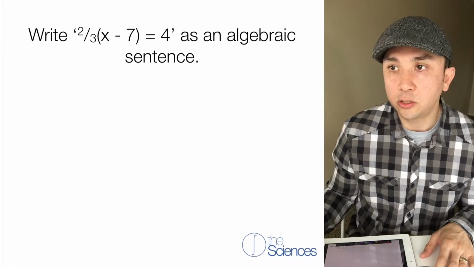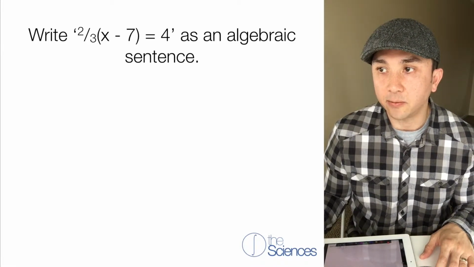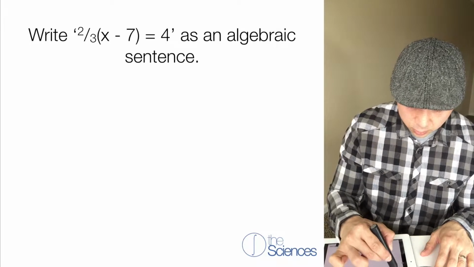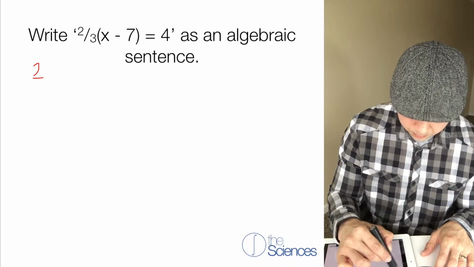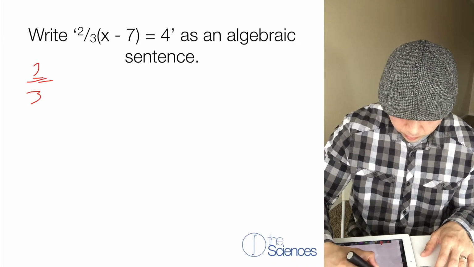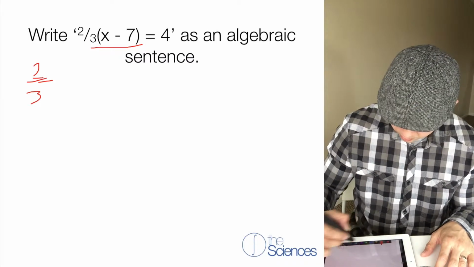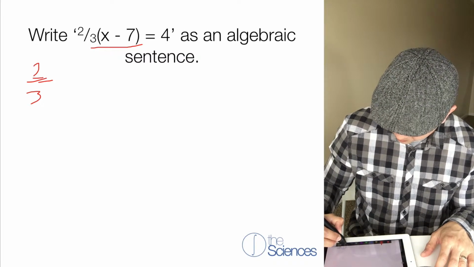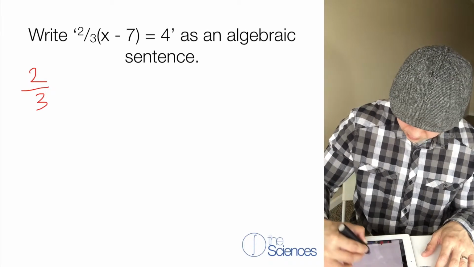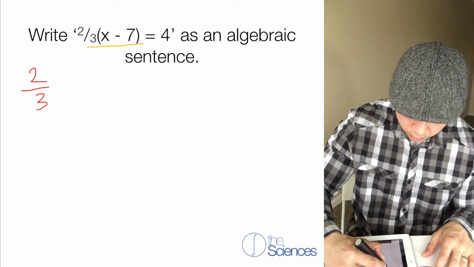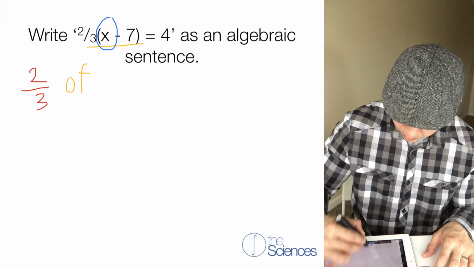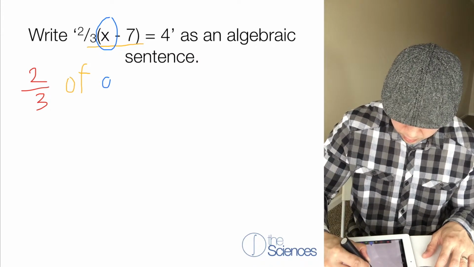Now let's write 2/3 times x minus 7 equals 4 as an algebraic sentence. So now we have 2/3. We said multiply means of. Here we're multiplying. So we have 2/3, and we're going to write of. And here we have our variable x, so we can write of a number.